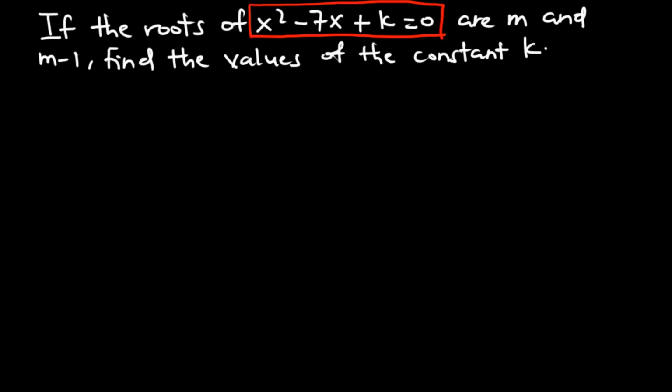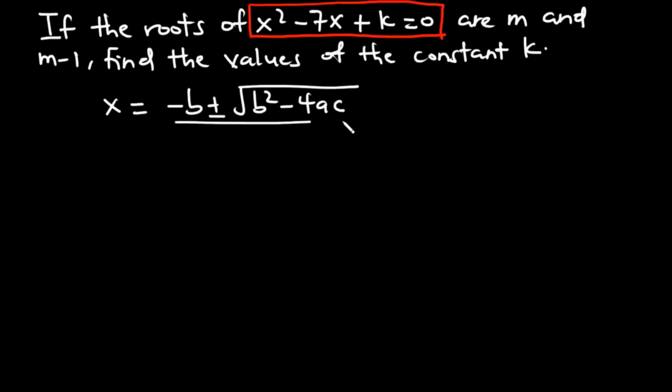If the roots of x squared minus 7x plus k is equal to 0 are m and m minus 1, find the value of the constant k. So we all know that the roots of a quadratic equation is given by the general quadratic formula, which is x is equal to negative b plus or minus the square root of b squared minus 4ac divided by 2a.